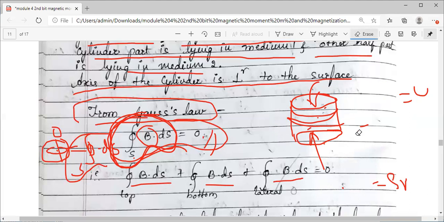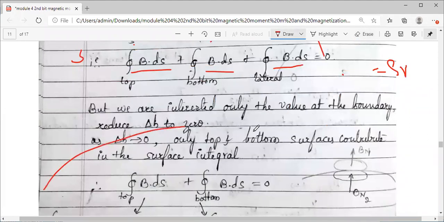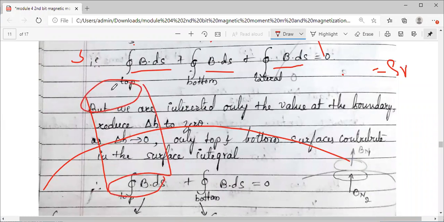Out of these 3 integrals, let's see which one we have to keep and which one will vanish. Suppose this is your boundary, and here I'm considering a cylinder. Top surface, bottom surface. The height of the cylinder that we have considered is delta H.